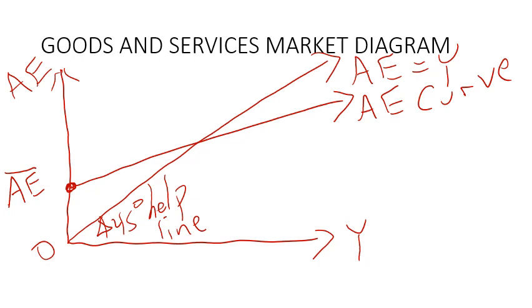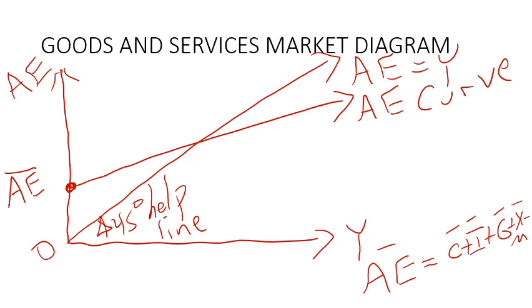So what are autonomous aggregate expenditures? Autonomous C plus autonomous I plus autonomous G plus autonomous X, and then we subtract M. Or we could phrase it differently, plus NX autonomous.